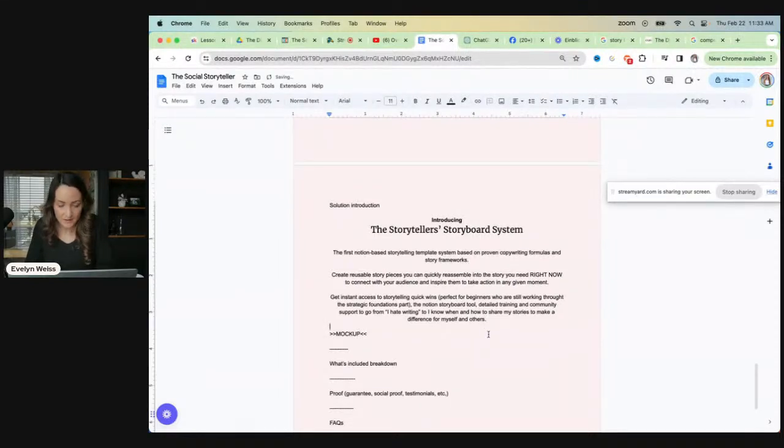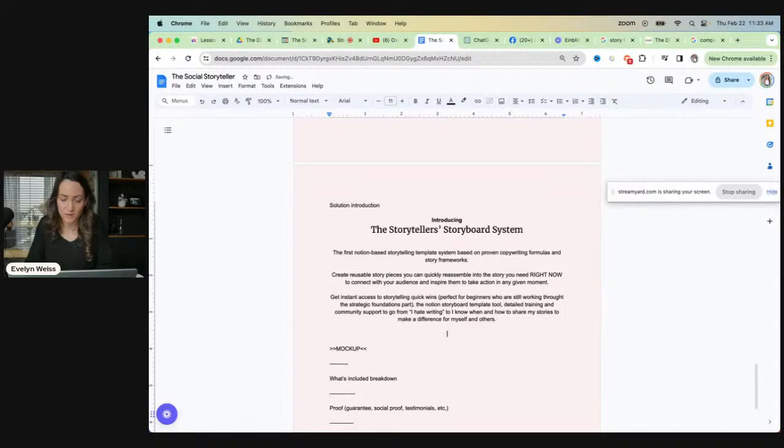Get instant access to storytelling quick wins, perfect for beginners who are still working through the strategic foundation part. The Notion storyboard template tool, detailed training and community. Join our membership to get instant access.